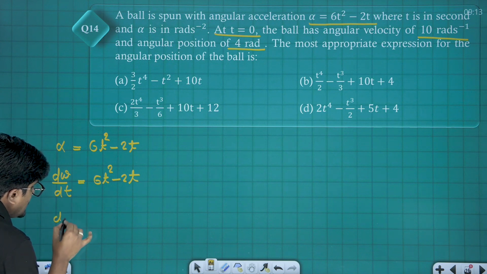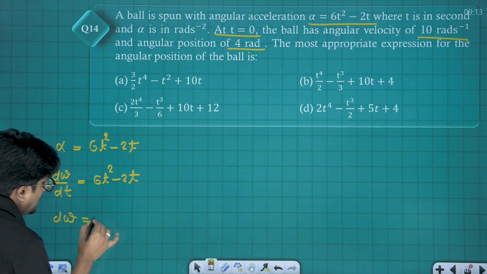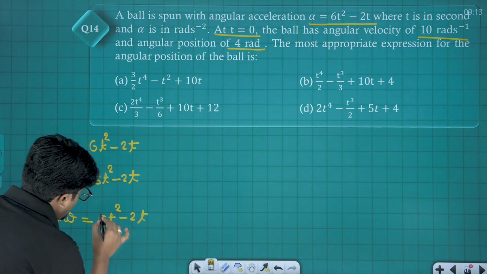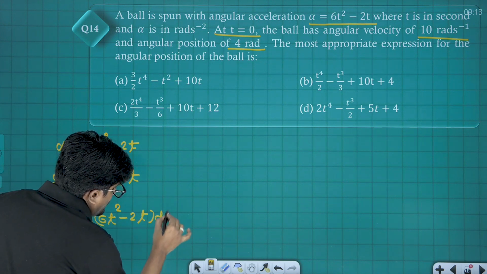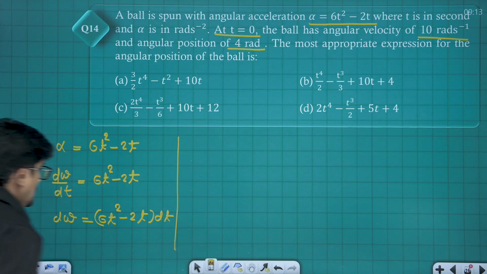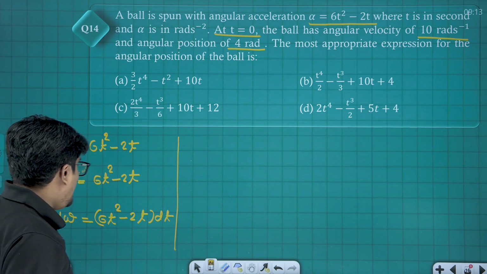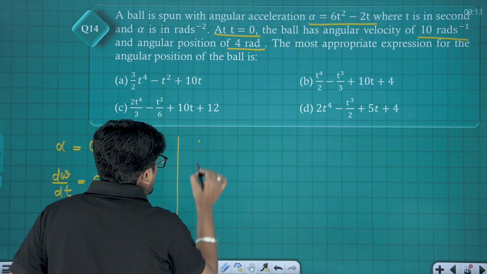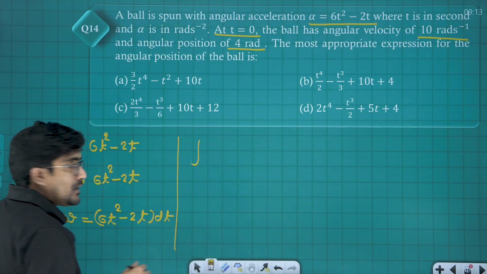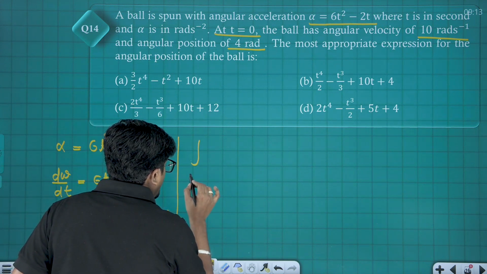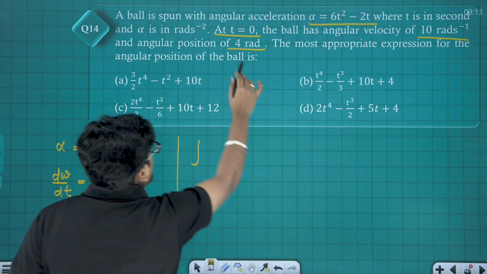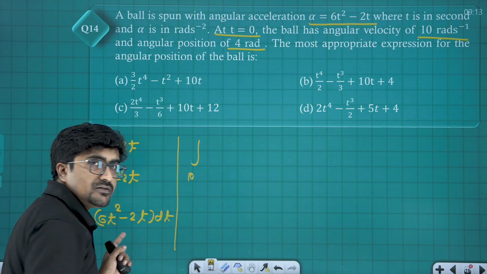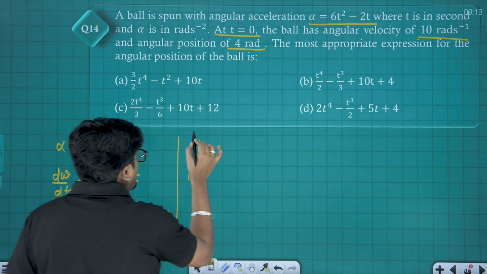Now if I rearrange this, d omega equals 6t square minus 2 times t into dt. Now let me integrate this expression within the limit 0 to t. So when time is 0, angular velocity I am taking as 10 radian per second. So the initial angular velocity is given as 10 and the final angular velocity we don't know.